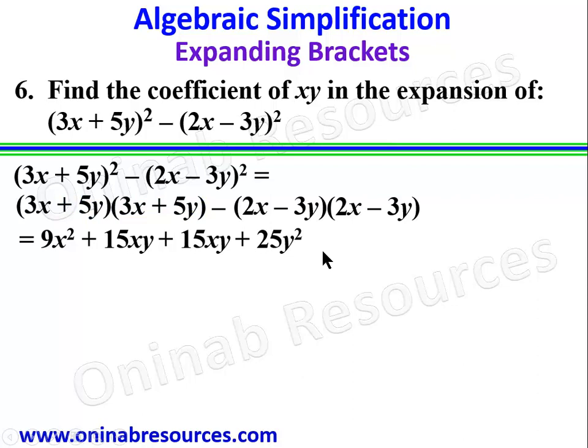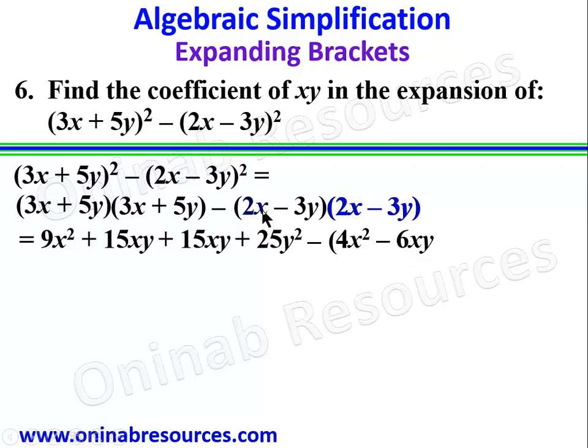We bring in the minus. Since we are having minus here, we are going to introduce another bracket. Then as we expand this bracket, we pick the first term in the first bracket and use it to multiply everything inside the second bracket. 2x times 2x gives 4x squared, and 2x times negative 3y will give us negative 6xy.